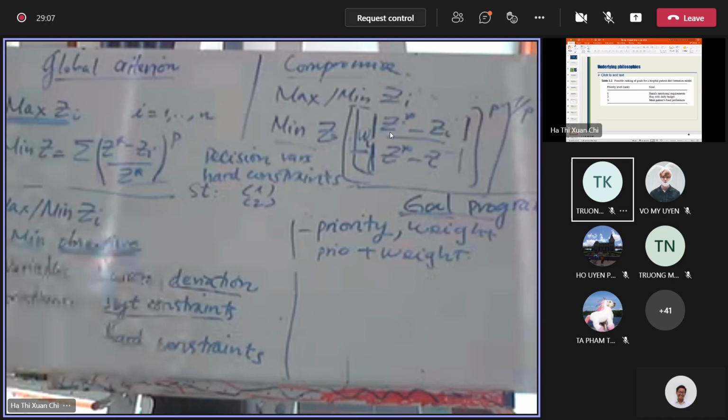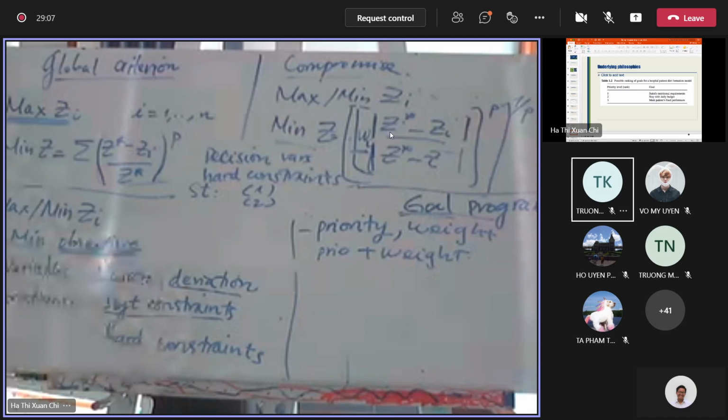You can see that is the first priority. When we set one goal as the first priority, it means you can sacrifice number 2 and number 3, but you try to reach goal number 1. So when you set first priority, like satisfy nutritional requirement, it means you can sacrifice the daily budget.